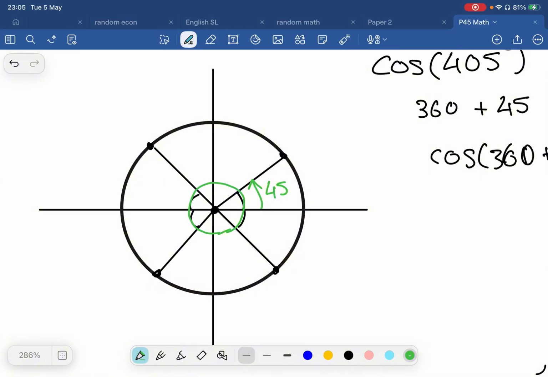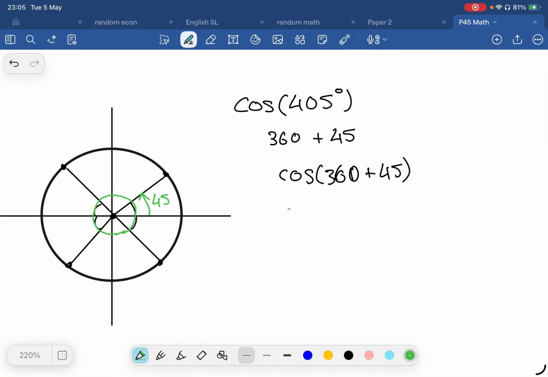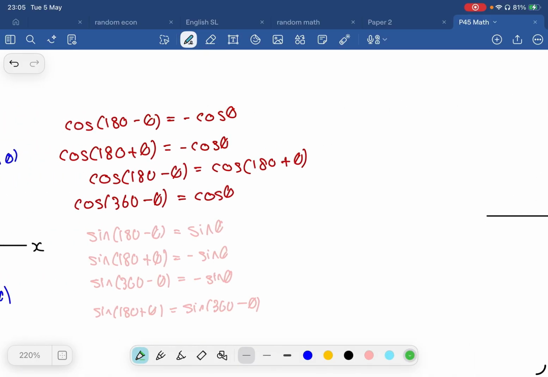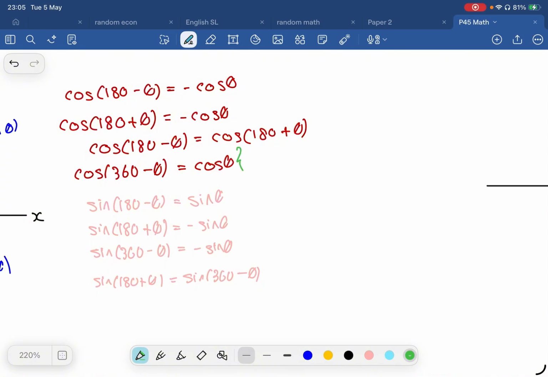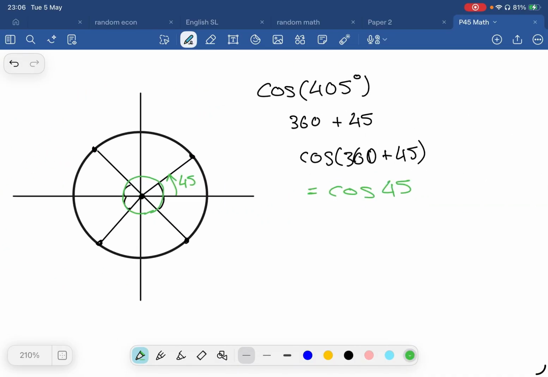So cos of 360 plus 45, or cos of 405, just equals cos of 45. And remember, if we look at our rules here, we found cos of 360 minus theta equals cos of theta. Well, that's also equal to cos of 360 plus theta. Okay, so cos of 405 equals cos of 45.